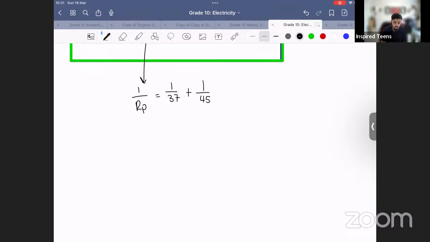So you can just put in your calculator 1 over 37 plus 1 over 45, right? And this is going to give me an answer of 1 over RP is equal to 82 over 1665.